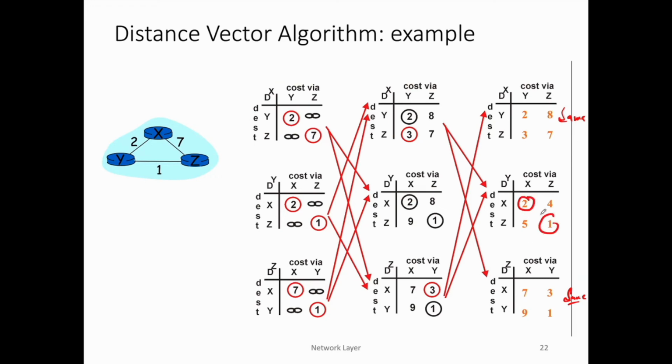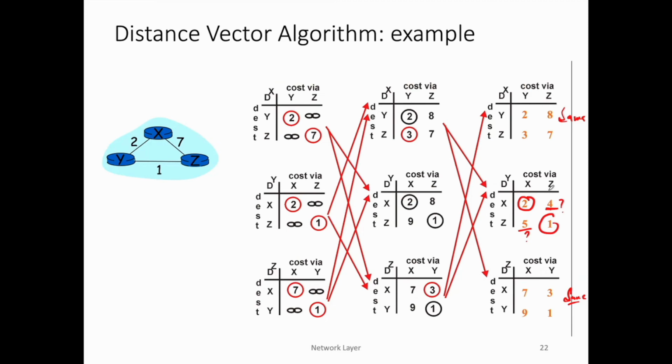The least cost is still the same. But this is important here. We have some new values that I want to discuss with you, and I want you to pay attention, because this will help us understand the shortcoming of the distance vector algorithm. Okay, so what is this cost? This is the cost to reach from Y to X via Z.